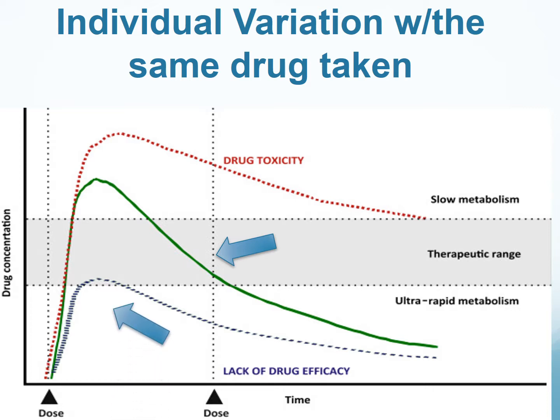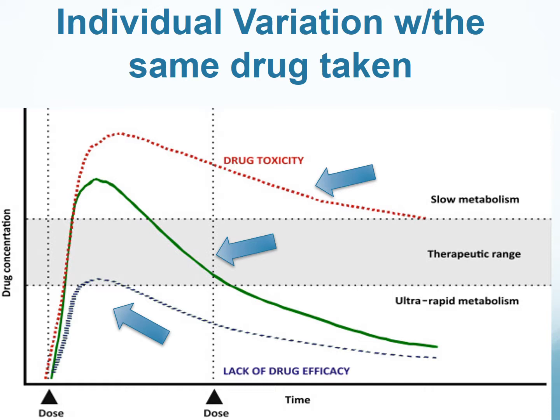The bottom line, those are the ultra-rapid metabolizers. As you can see, they really barely get to the therapeutic range. So they're going to metabolize it quickly, and then it's going to be excreted. At the top, you have the slow metabolizer, and that is your person who's at risk for toxicity.